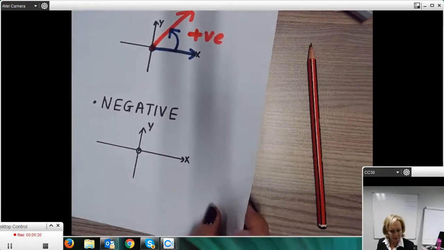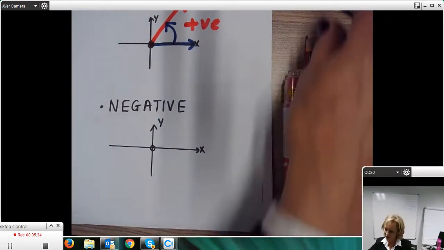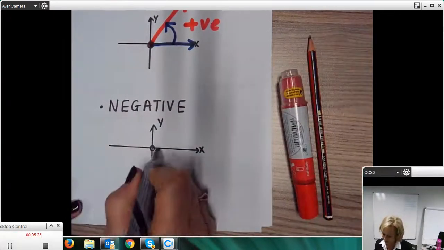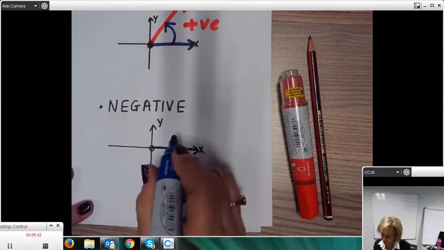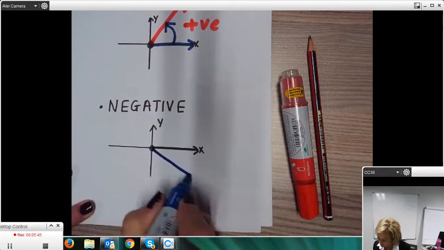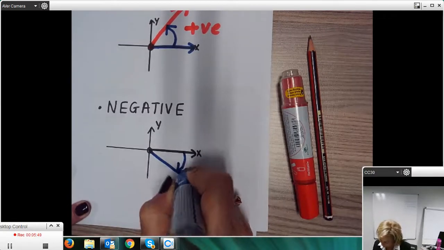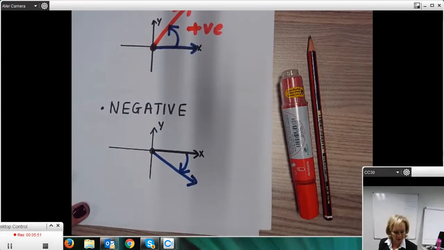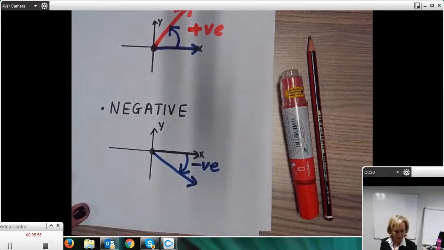For negative angles, as you may guess, the rotation is clockwise. So once again, from our positive x-axis, we rotate our angles, but this time we rotate in a clockwise direction. So that angle has been rotated in a clockwise direction, and it is now a negative angle.